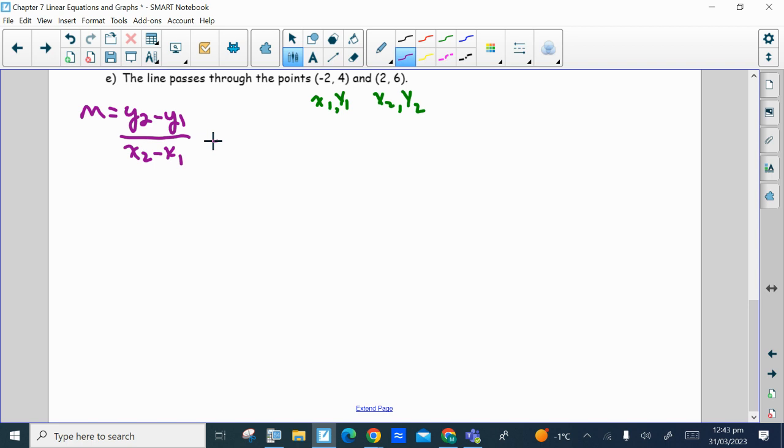So y2 minus y1, that will be 6 take away 4, over x2 minus x1 will be 2 take away negative 2. 6 minus 4 is 2, and on the bottom the minus minus becomes a plus. 2 plus 2 is positive 4. So that gives us a slope of 1/2. 2 over 4 reduces to 1/2.